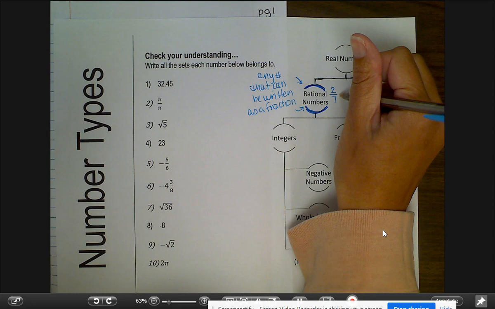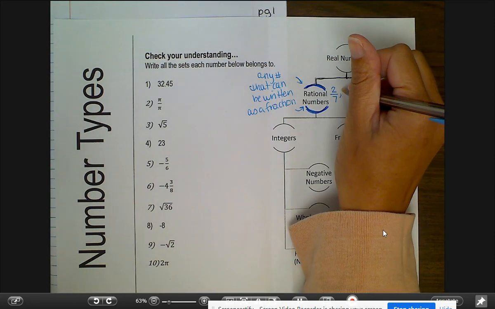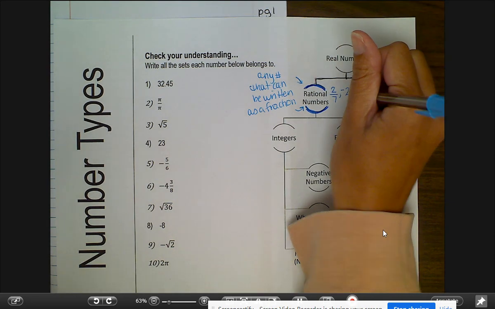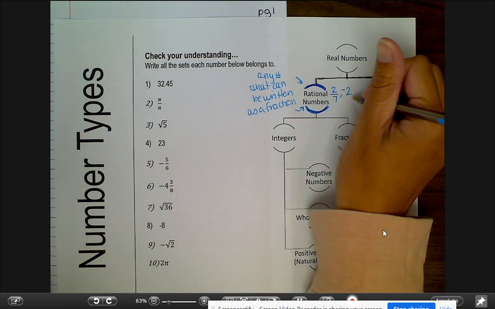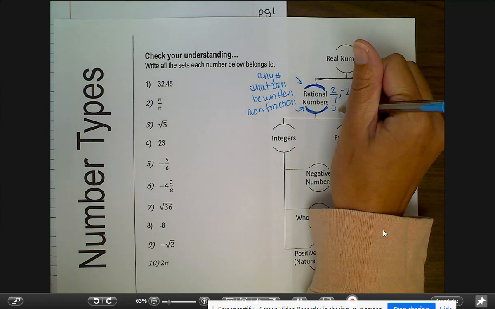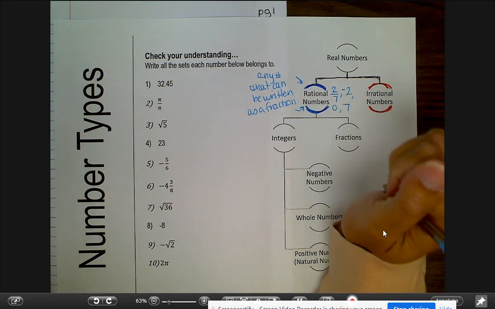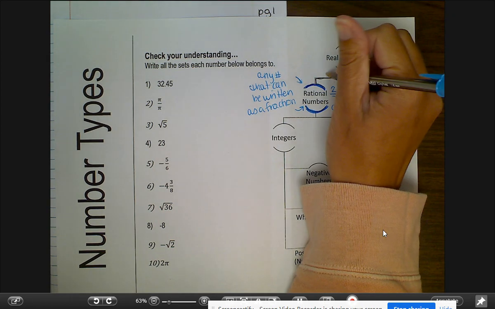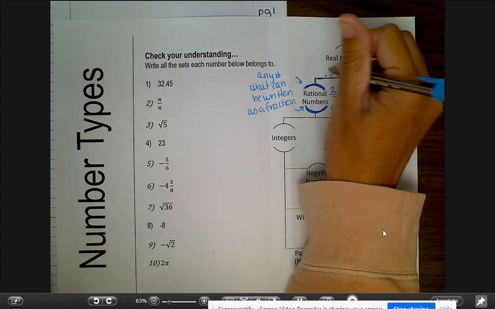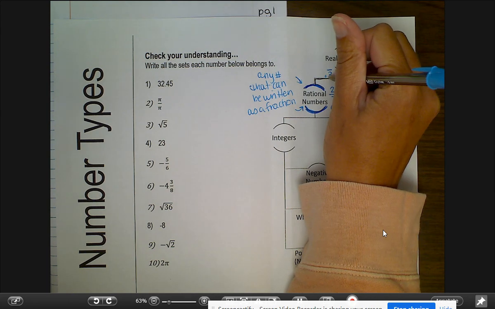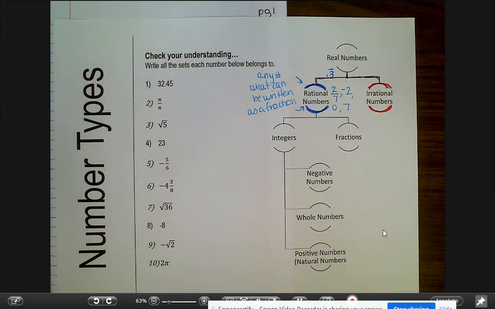But another rational number could be something like -2 or 0 or 7. Or, if you remember this, even numbers like 0.3 repeating. I can write 0.3 repeating as a fraction.